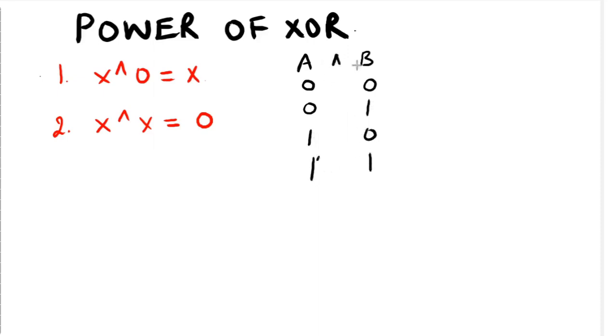Based on this, XOR has to be calculated, and as it was discussed, the same values result in an answer of 0, while different values result in an answer of 1. The same thing can be applied to any number, irrespective of whether it is in binary form or decimal form. This will result in X and this will result in 0.